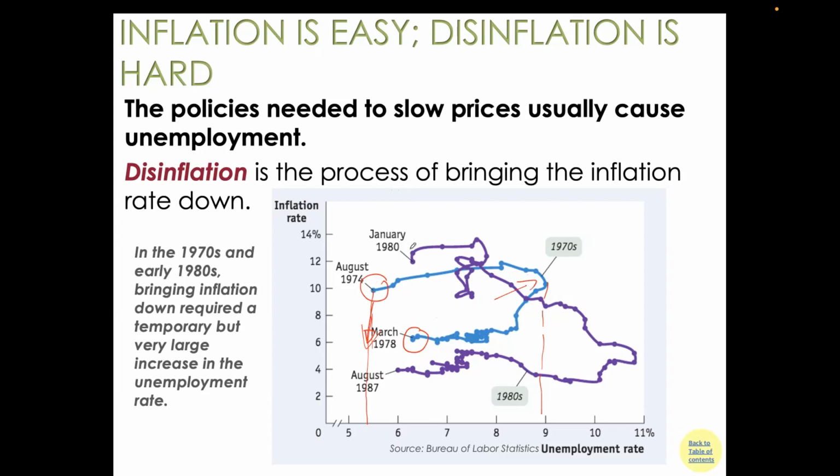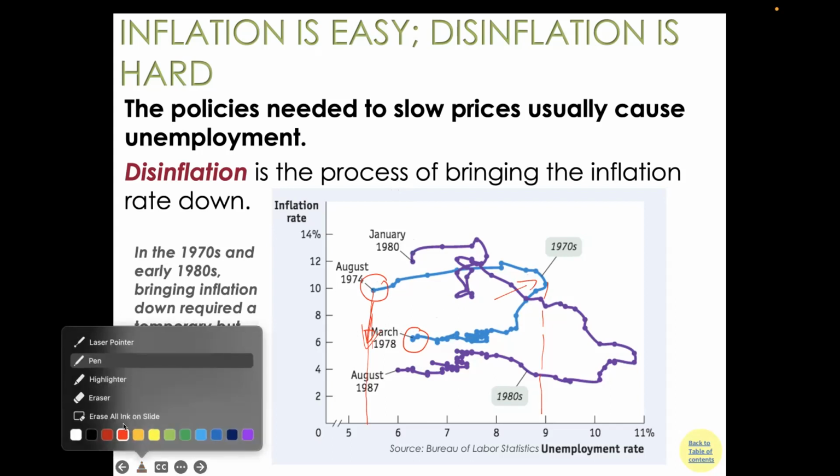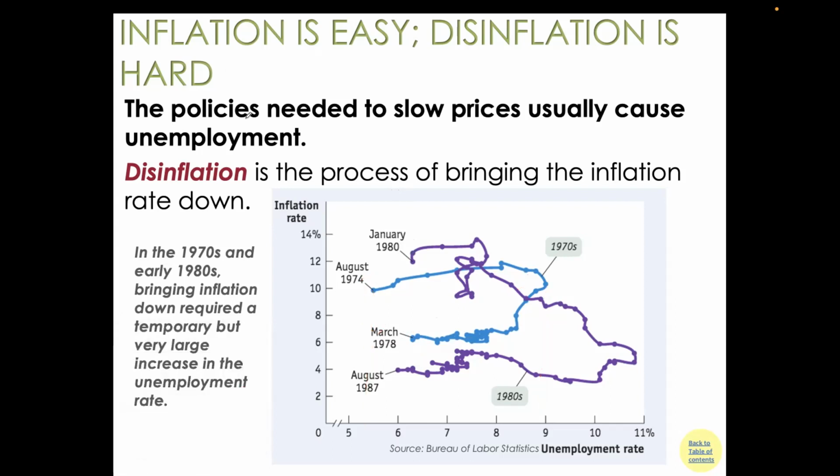Now if you look at another part of history, which is 1980, things get even worse. The inflation is much higher, and the cost we paid is even higher. Look here, the unemployment rate is close to 11% in early 1980.